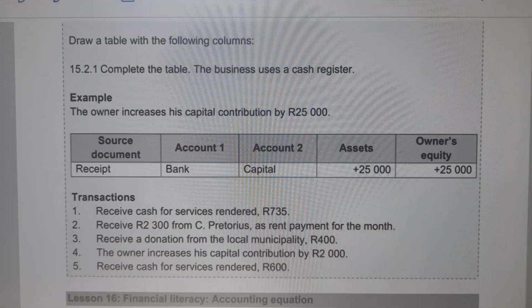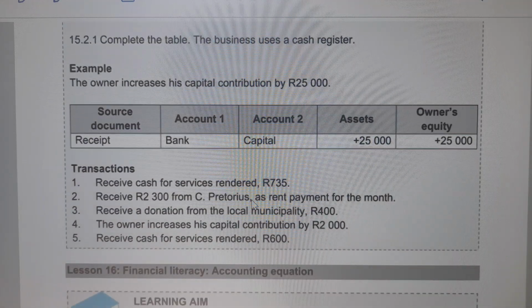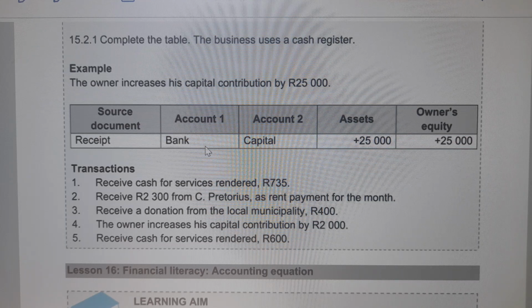So we have to do the same. You can draw this table, put source document, account 1, account 2, assets and owner's equity. So for example, for number 1, receive cash for services rendered. Okay, so under source document, it will be a receipt, and then under account 1, it will be the bank.